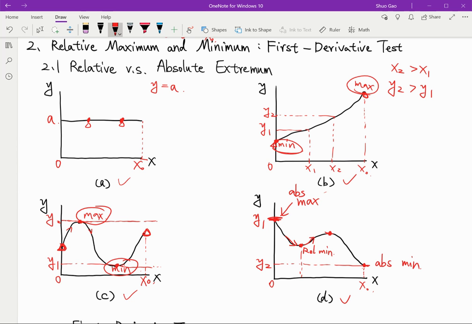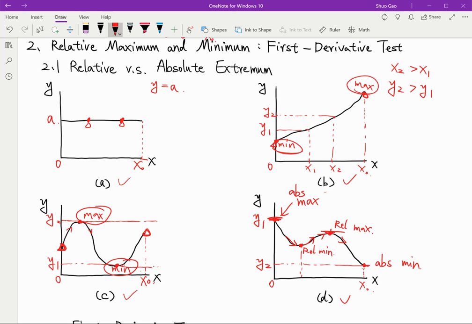And for the little peak here, for the nearby points less than this point, the y value increases. And for the other points that are larger than that point, the y value decreases. So this is called a relative maximum value for the function.